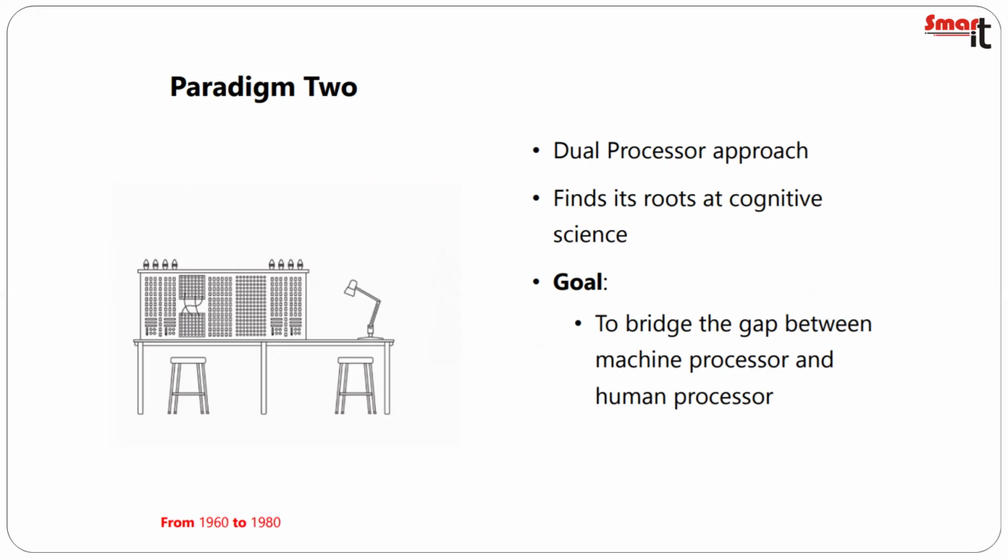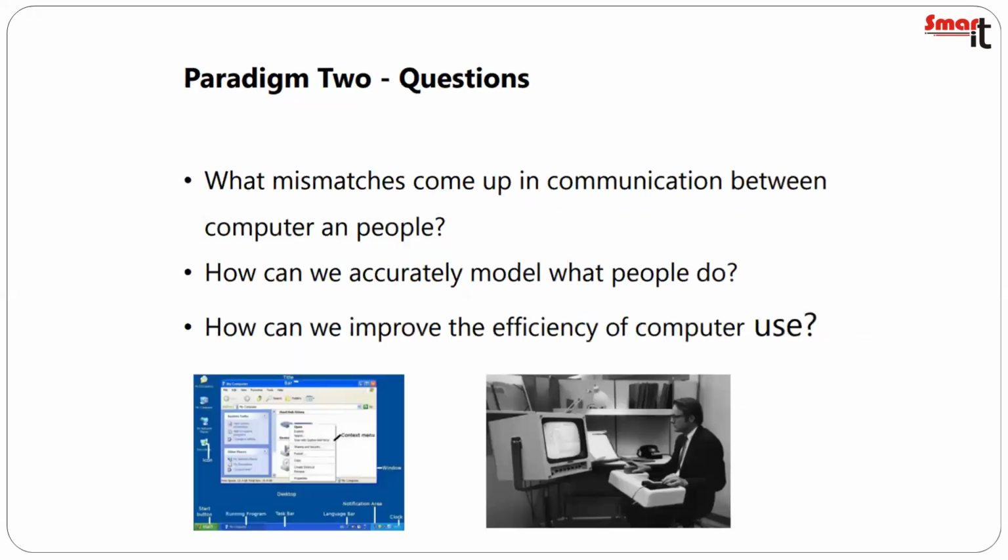In the first paradigm, we just focus on how to do some task without errors, only that. But here, not just to fit, but to minimize the gap also. It should be technology very familiar to us. In paradigm 2, these are the kinds of questions we focus on: what mismatches come up in communication between computer and people?